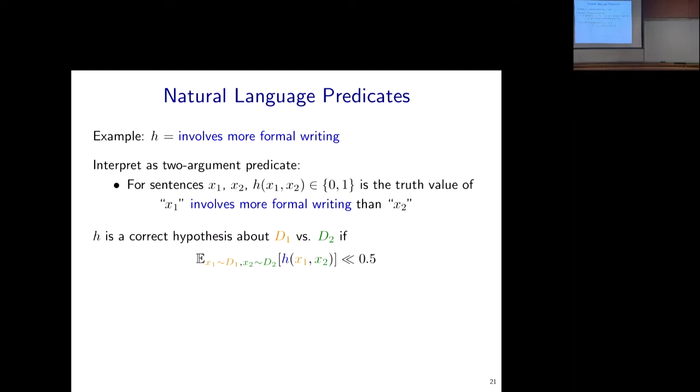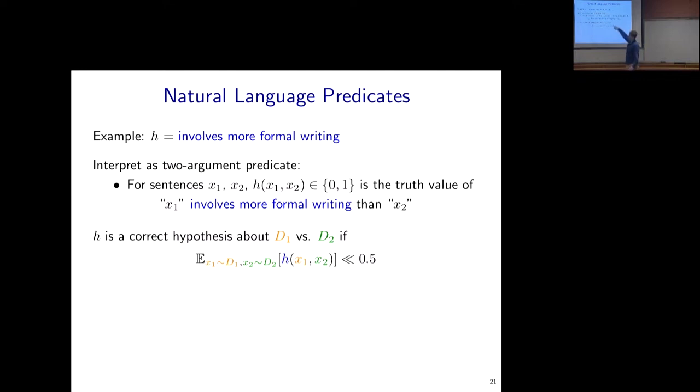So we'll define h of x1, x2 to just be what an LLM would say about the truth value of the sentence. And we'll say h is a correct hypothesis about how D1 and D2 are different if, in expectation over a random sample x1 from D1 and x2 from D2, h of x1, x2 is... did I flip this? No, I think this is right.